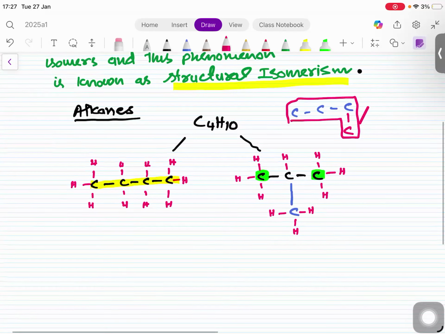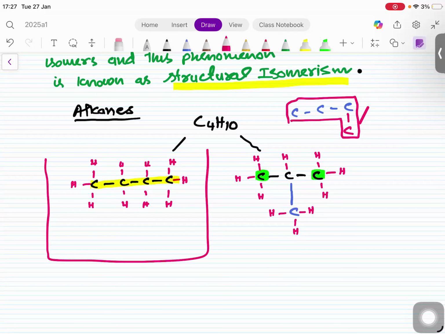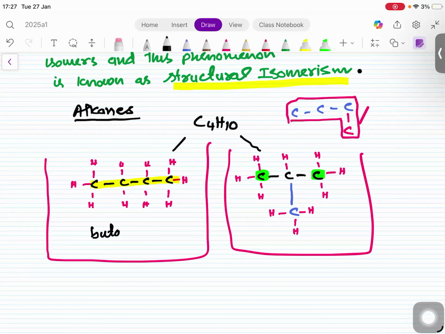Other day I told you, these 2 compounds having different structures are two different compounds. Their names are different. This is called butane. You are not supposed to know how to write the name of the other compound, but I'm going to write it here. This is 2-methyl propane. This is not part of the syllabus, that's why I'm not telling you.